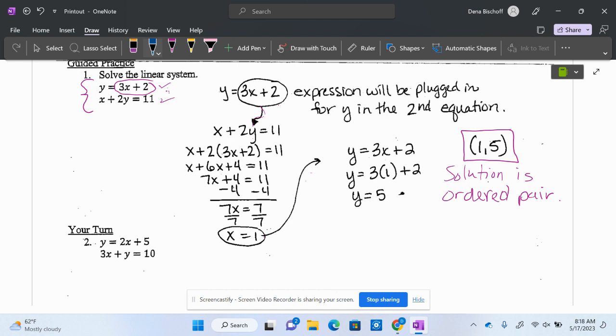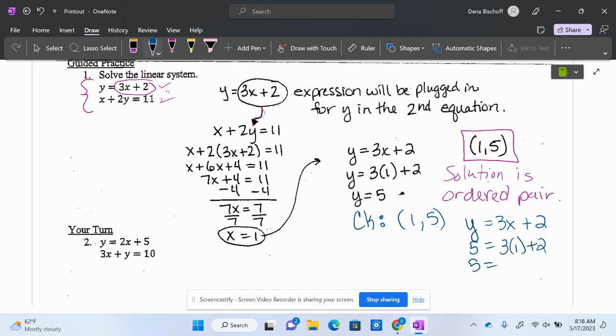The other thing that I want you to remember is you can check these, right? You can check these. How do you do a check? Well, if your solution is 1, 5, you plug that in to the equation, plug it into both of them, and it'll give you a true statement. So y is 5 equals 3 times 1 plus 2.